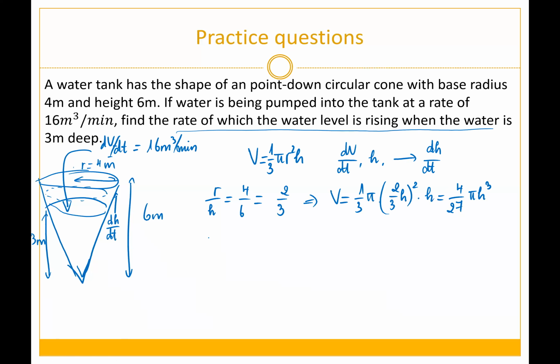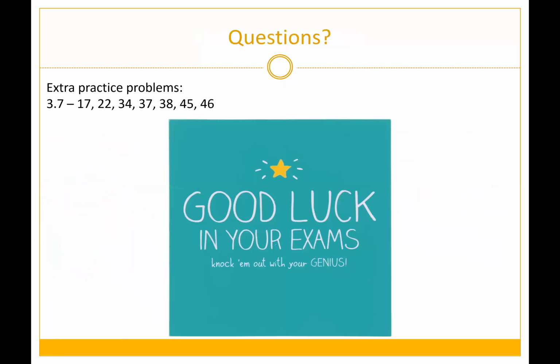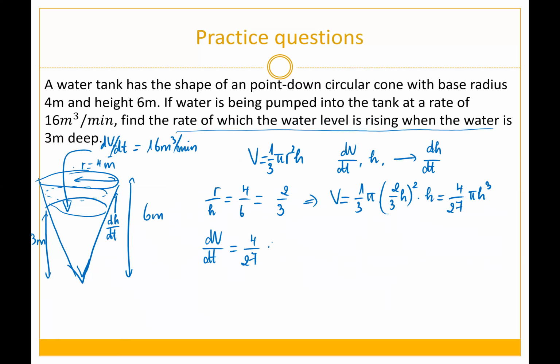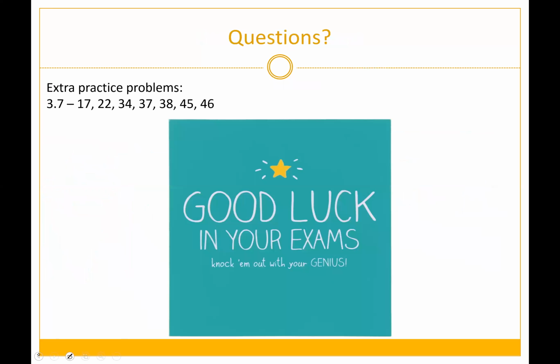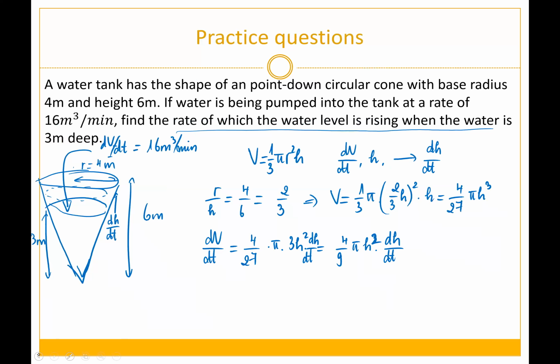Now let's take the derivative with respect to time. dV over dt is going to equal 4/27 pi multiplied by 3h squared, which gives 4/9 pi h squared multiplied by dh over dt. Now we can just plug in the values that were given and solve the problem.